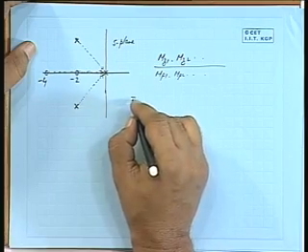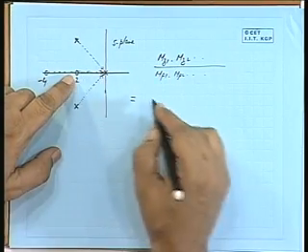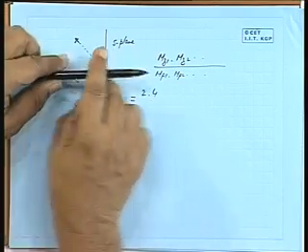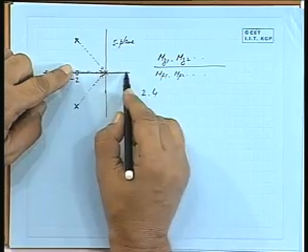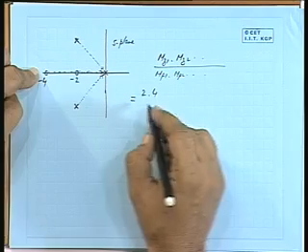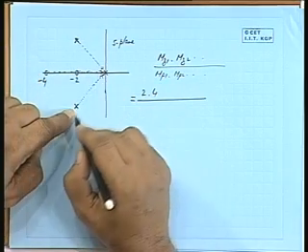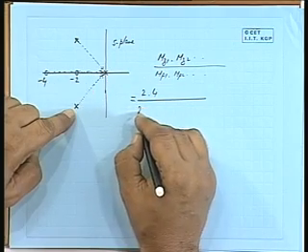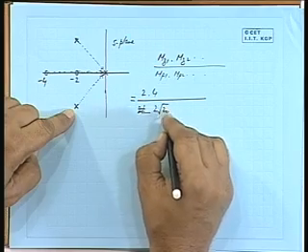So, how much is it? Distance from this one is 2 into 4, and these are at angle 0. This is horizontal going from negative to positive. So, this is all having an angle 0, and how much is this? 2 root 2.